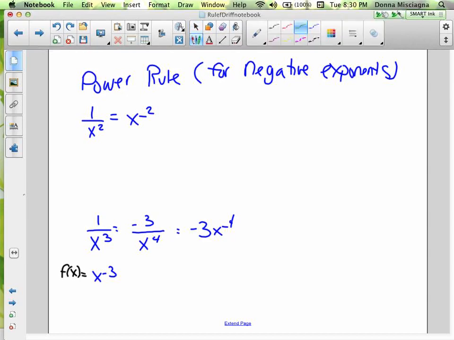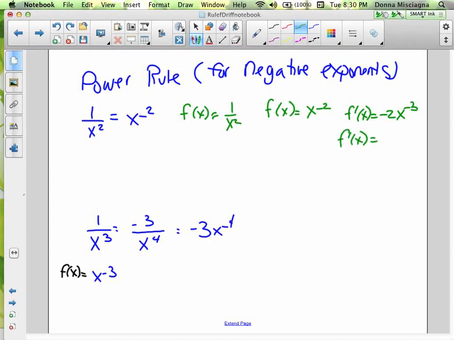So if f of x equals 1 over x squared, which is the same as x to the negative 2, our derivative is going to be negative 2 times x to the negative 3, and we'll simplify that, and that would be negative 2 divided by x cubed.